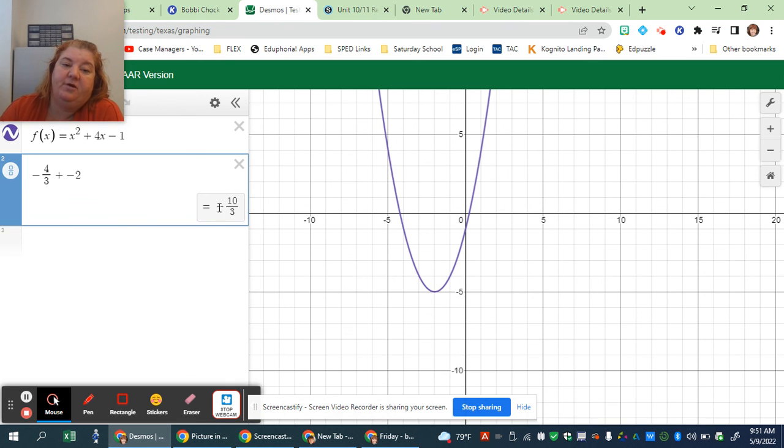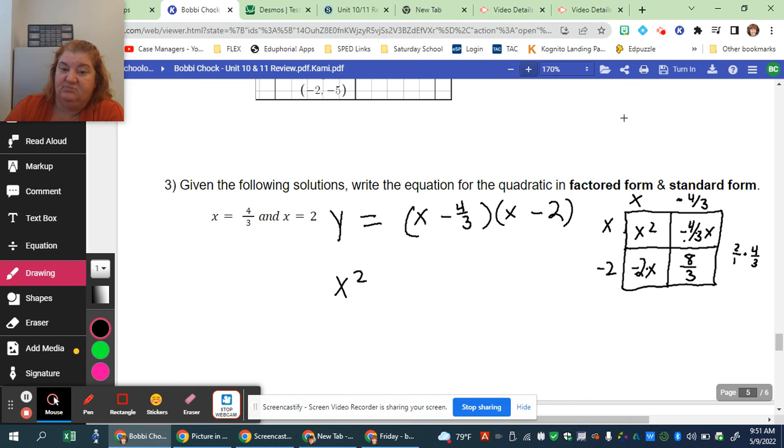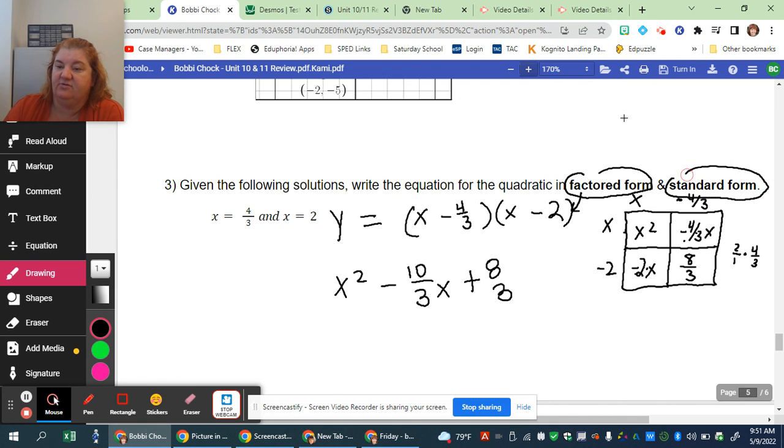Put it in fraction form, -10 thirds. Nice thing about using Desmos is you just do everything on the calculator. And then plus 8 thirds. So here's factored form. And here's standard form.